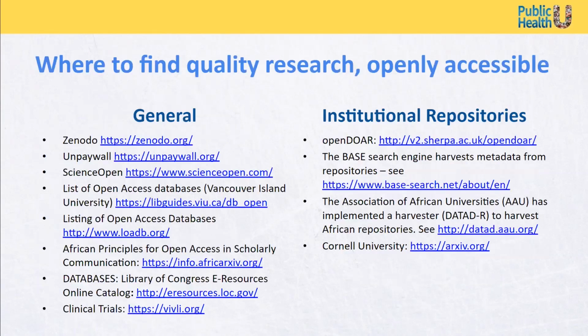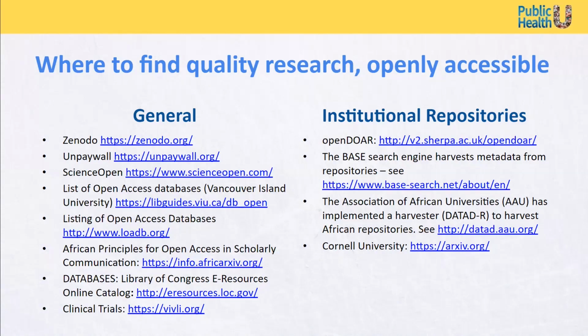Now, I have made available for you where to find quality, openly accessible research, because sometimes students worry, oh, I'm not able to have a site where I can get the materials I need. So I've provided them for you. If you're looking for general materials, then you can go to Zenodo, OnPaywall, Science Open, the list of open access databases, and the rest listed there. African Principles for Open Access and Scholarly Communication, they are all there in the general section.